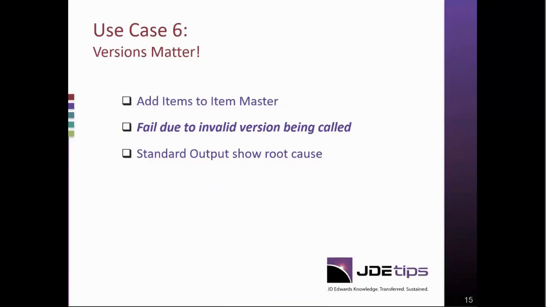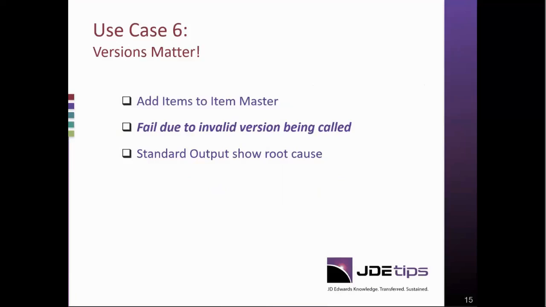So you can have a failure due to either an invalid version being called or somebody changing your version out from underneath you. And your standard output is what we'll take a look at to get to what the root cause is. So it'll take a little bit of understanding and a little bit of looking at the standard output.